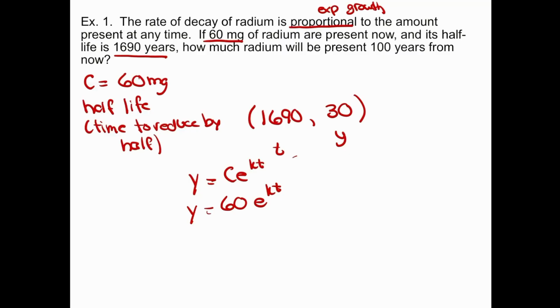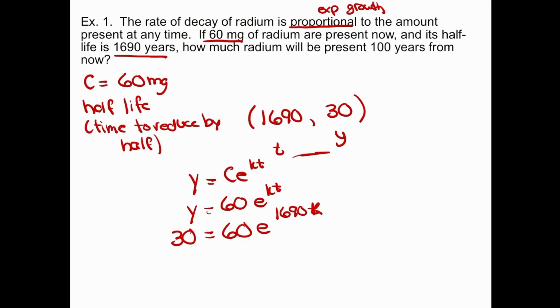There will be 30 milligrams left, 60e, and T is 1,690, so we have 1,690 times k. We know T. We're finding k.